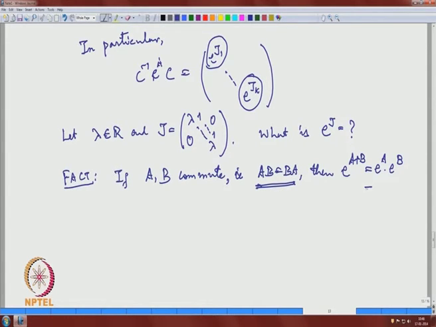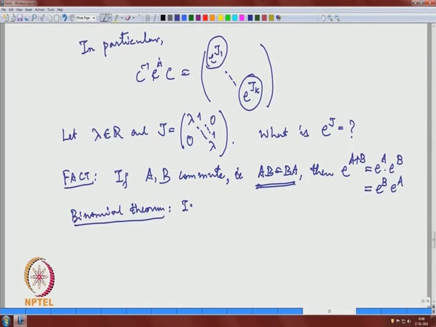So, since addition is commutative, we also have this. Okay. And this easily follows from the binomial theorem, just like again real numbers.